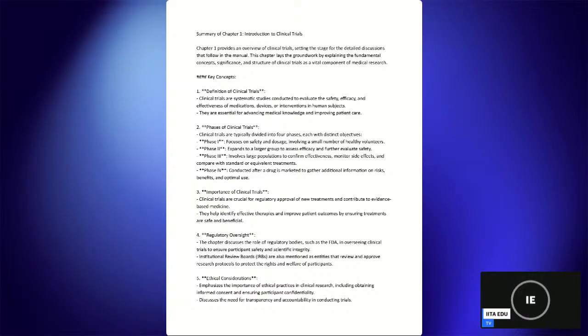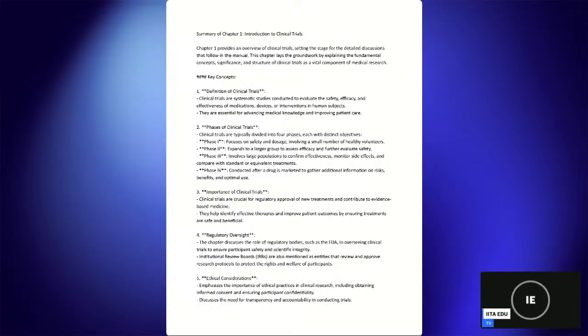Phase three involves a large number of people, sometimes thousands, sometimes hundreds of thousands, like during COVID. It involves a large population to confirm effectiveness, monitor side effects, and compare with standard or equivalent treatments.